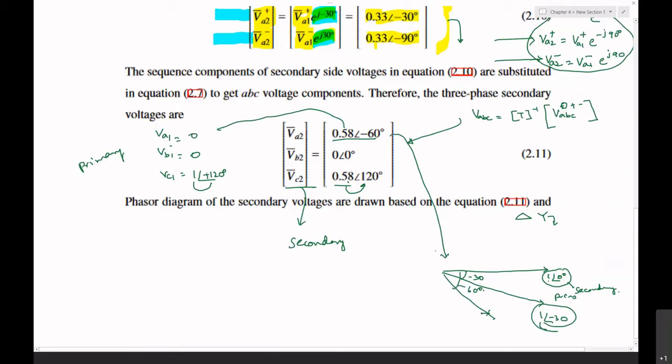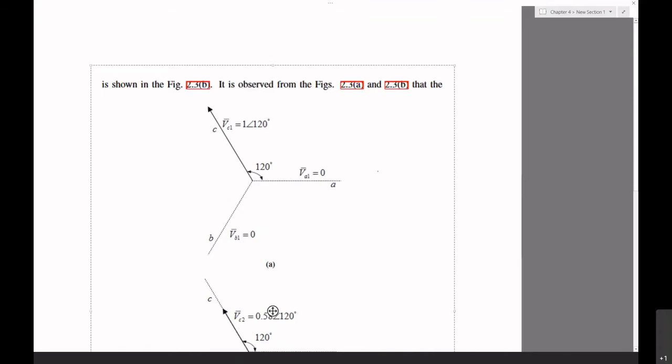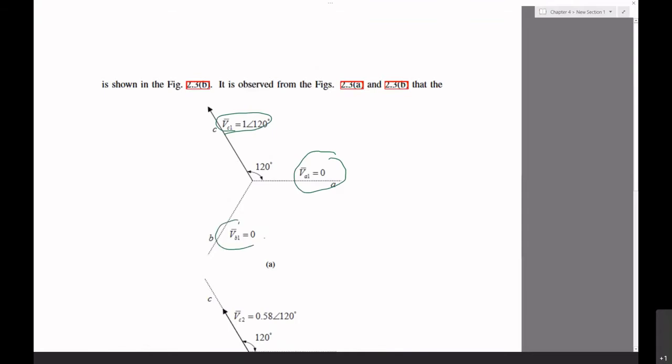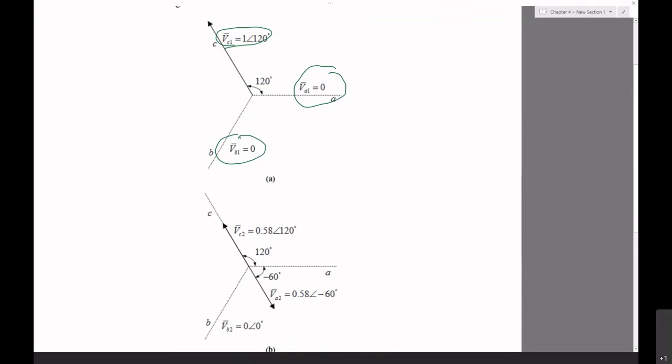But actually, what I've given over here as the reference is VA1 equal to 0 and VC1 equal to 0, the primary voltages, with VB2 as reference. I also consider the secondary voltages with the dotted line as the reference at 0.